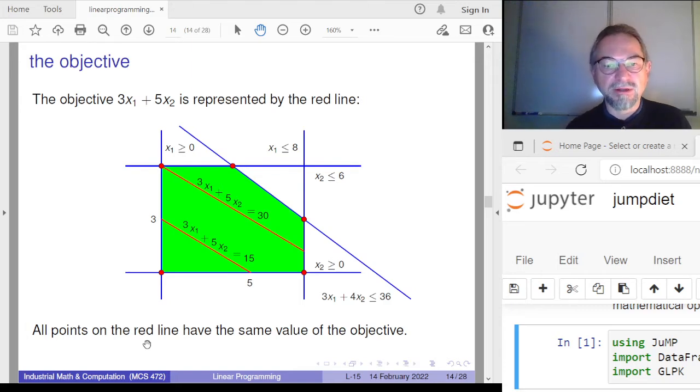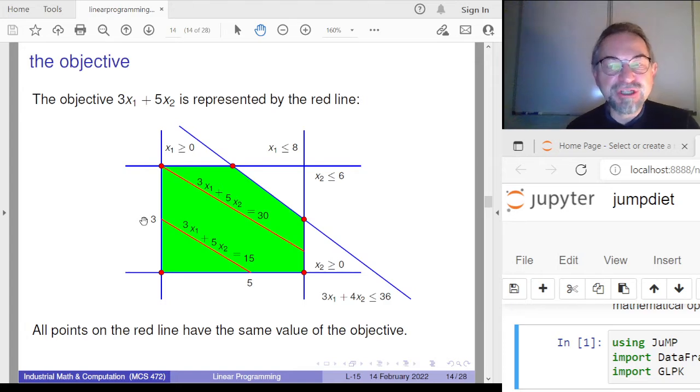So where the red line actually meets the 2 coordinate axes. If you want profit 15, you either produce 5 items of x1, so then you are at the horizontal axis, nothing of x2. If you are on the vertical axis, for profit 15, you have to produce 3 items.